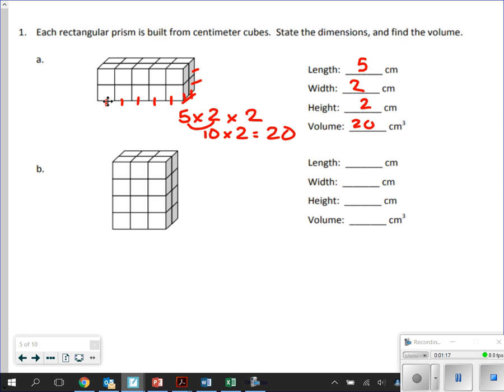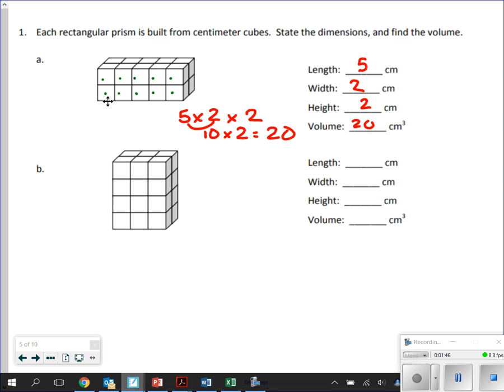Okay, so what Serena said is she did do this, but she checked it by counting the front. 1, 2, 3, 4, 5, 6, 7, 8, 9, 10. And if you've got 10 on the front, you've got 10 on the back. And 10 and 10 is 20. Can you do it that way too? Yes.